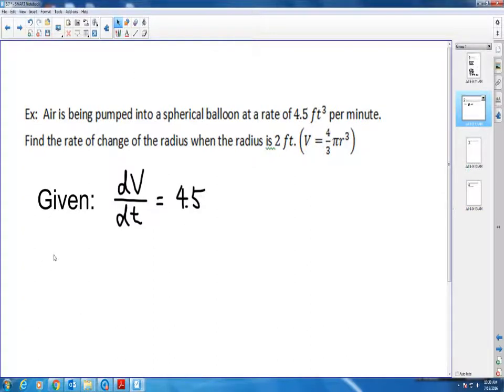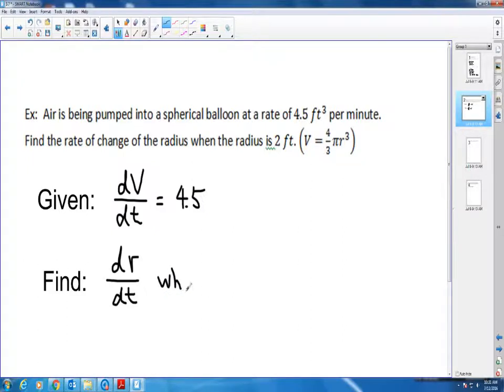What I need to find is the rate of the radius. Find the rate of change of the radius when the radius is 2 feet. So that means they want me to find the rate of change of the radius with respect to time when the radius is at 2 feet.